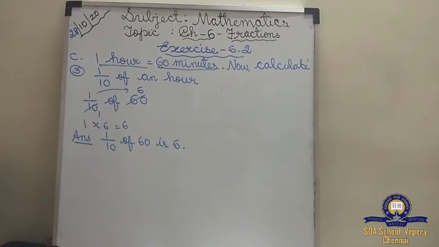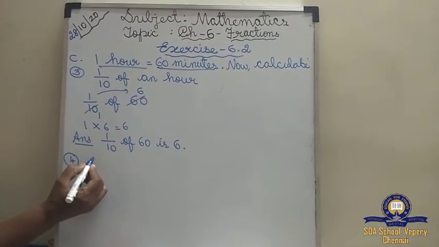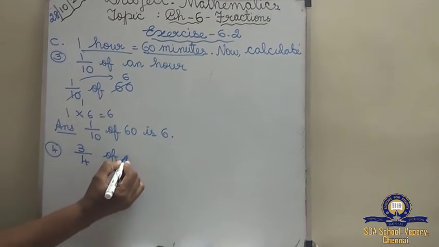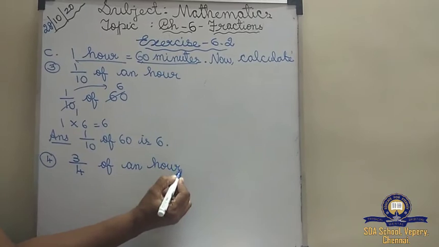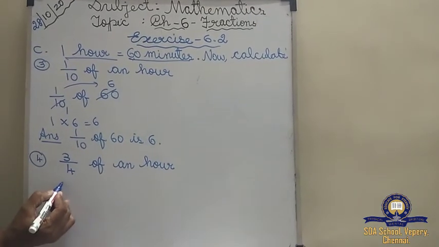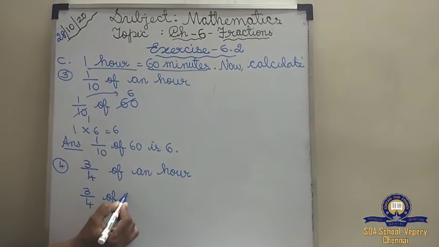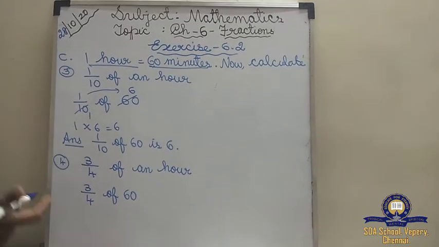Okay. One more sum we will do. 3 by 4 of an hour. So what, children, again? 3 by 4 of 60. So 60 goes in the 4 table also.